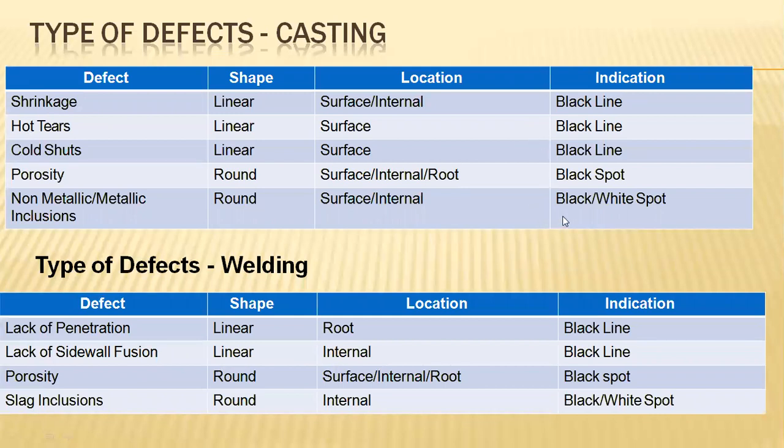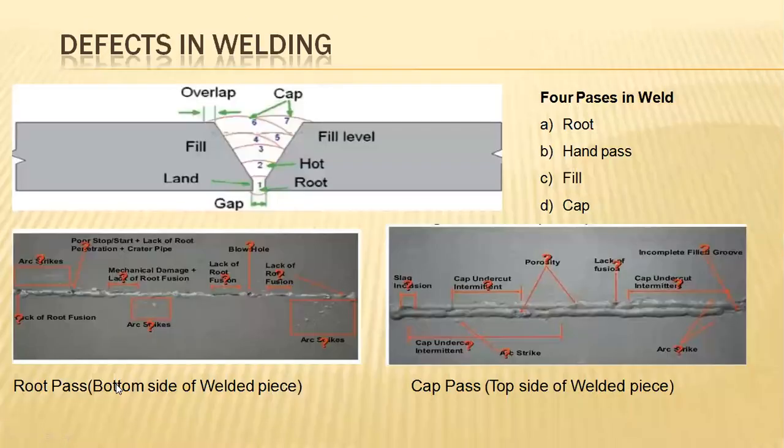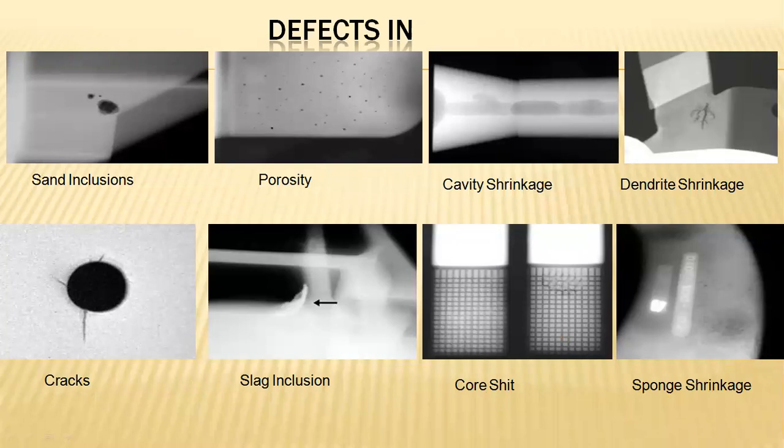What are the indications that exist upon radiographic process? In the case of weldings, incomplete penetration, sidewall fusion, porosity, and slag inclusions are identified. These are the welding defects that can be identified in the case of butt welding. And this is the side view, and this is the top view, and these are the porosities. We have the best examples: sand inclusions, porosity, cavity shrinkage, etc.